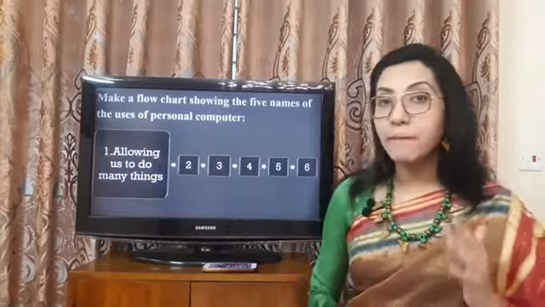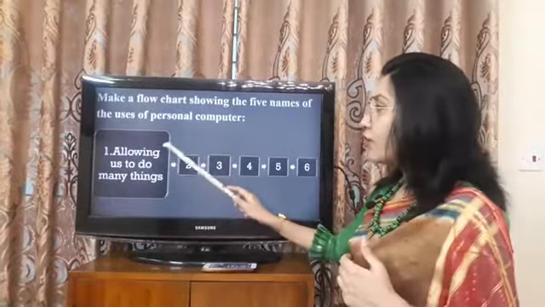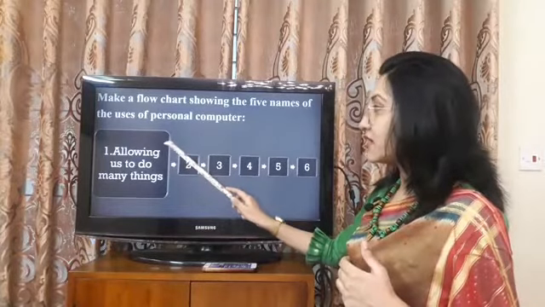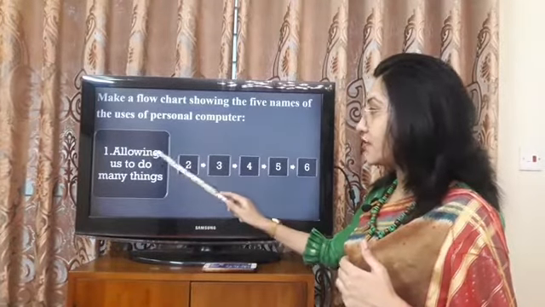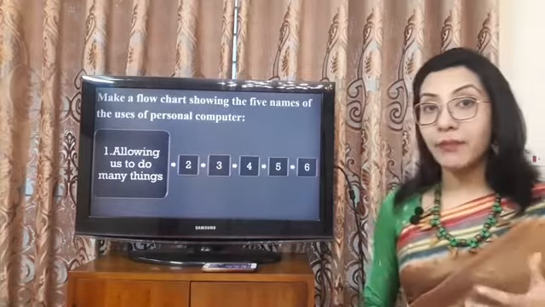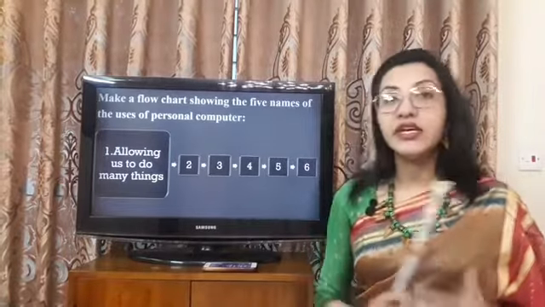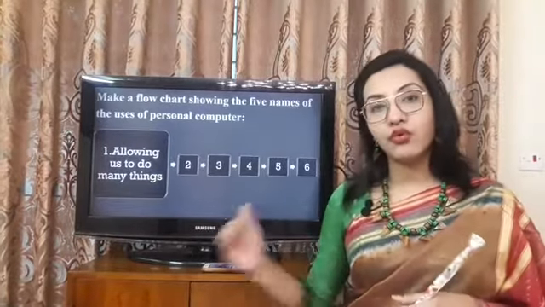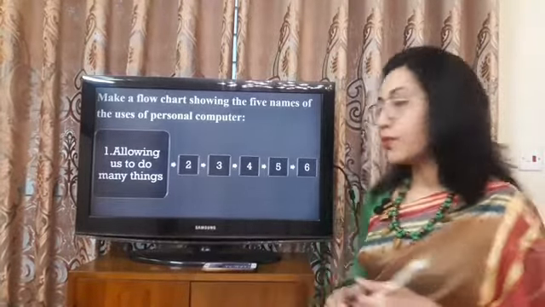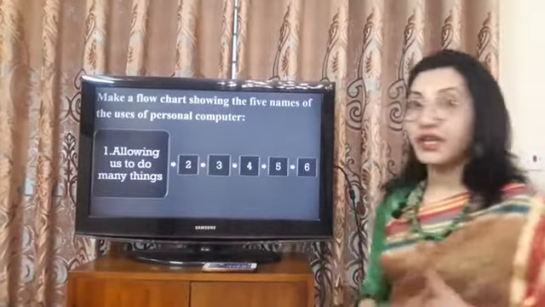পার্সোনাল কম্পিউটারের 5টা ব্যবহার দেখাতে হবে। Now when we answer this question, the first thing that we should look here is what is the structure that is given in the first point. কারণ আমরা আগেই বলেছি প্রথম পয়েন্টে যে স্ট্রাকচারটা থাকবে সেই স্ট্রাকচার ফলো করেই আমরা অন্য বক্সগুলো ফিল আপ করব। তাহলে প্রথম যে স্ট্রাকচারটা দেওয়া আছে সেটা কি, allowing us to do many things.